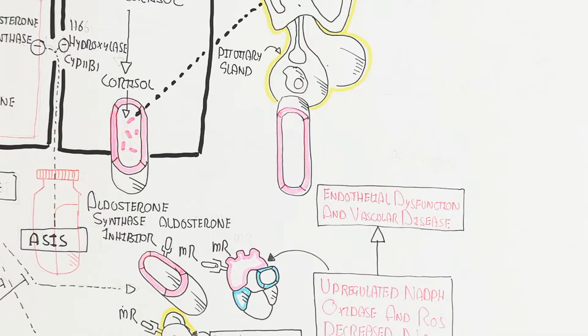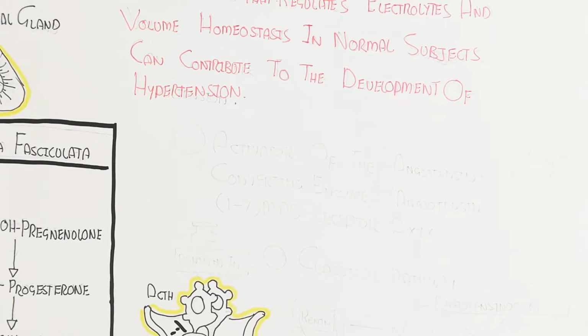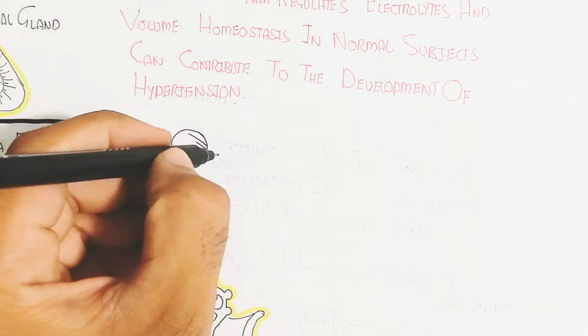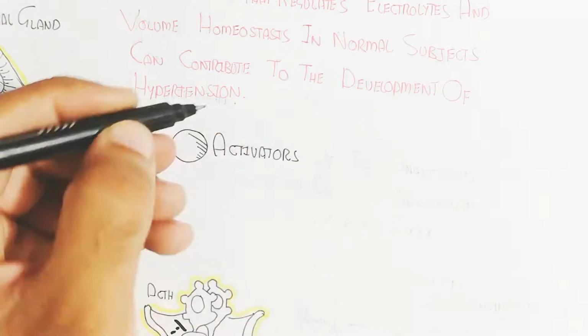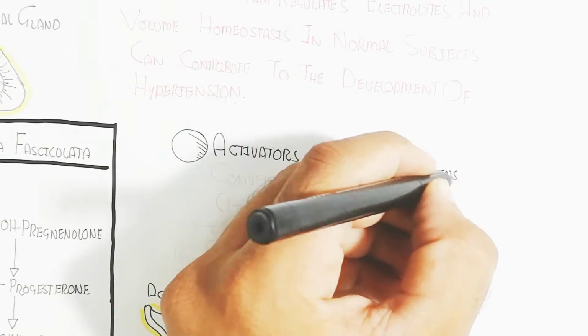When it is inhibited, it will not target the adrenal gland. It means inhibition of cortisol and aldosterone production. So in this way, the hypertension will decrease naturally, but the drugs work by the same mechanism, through inhibition.